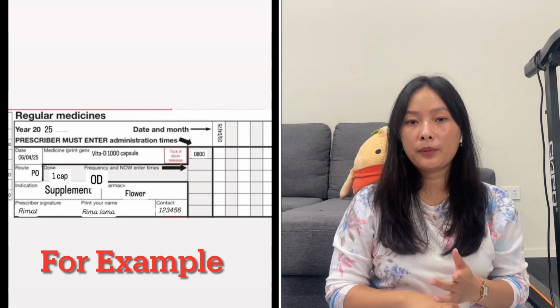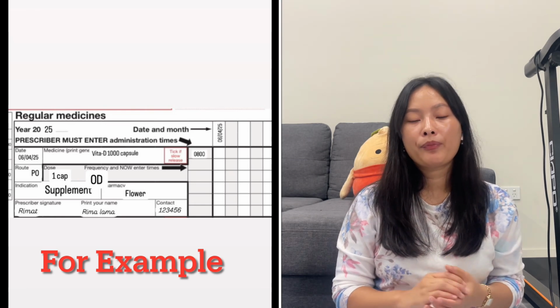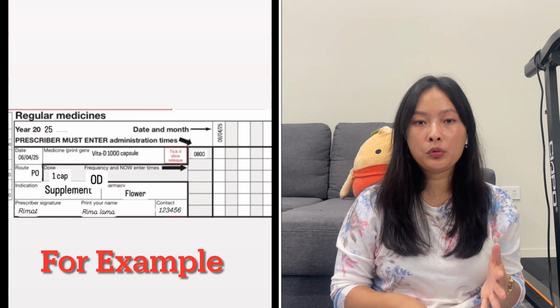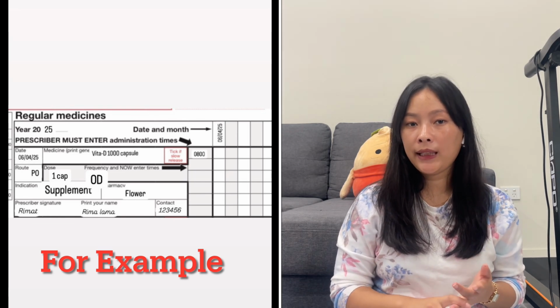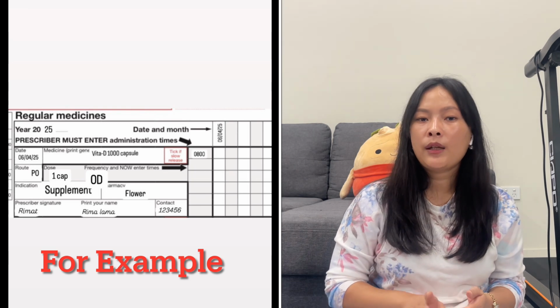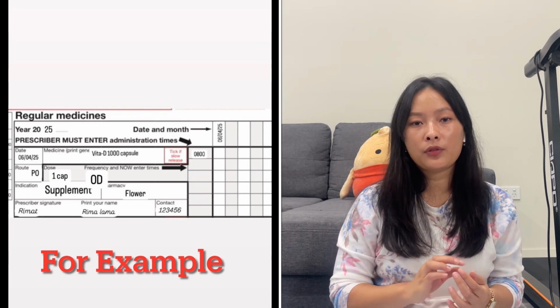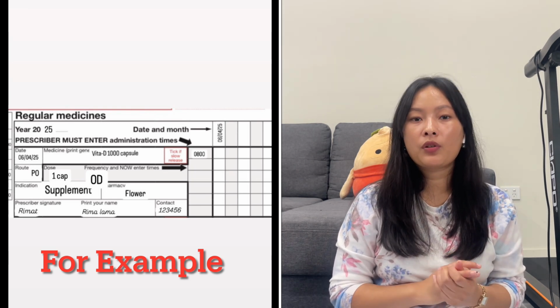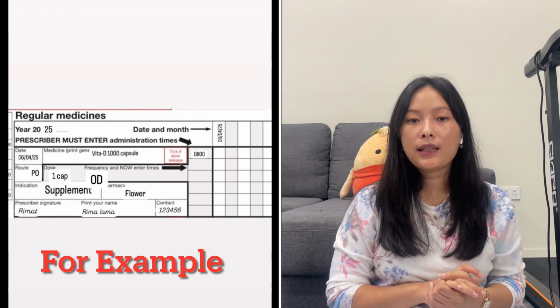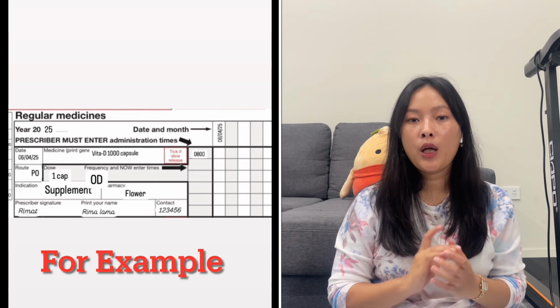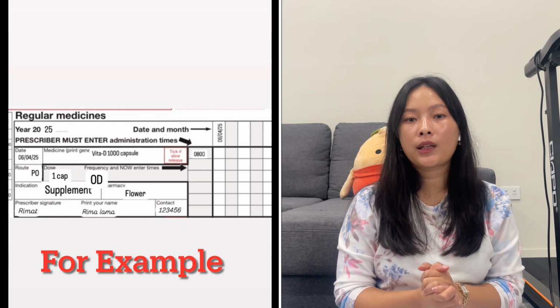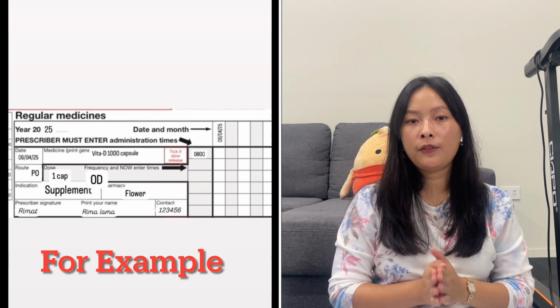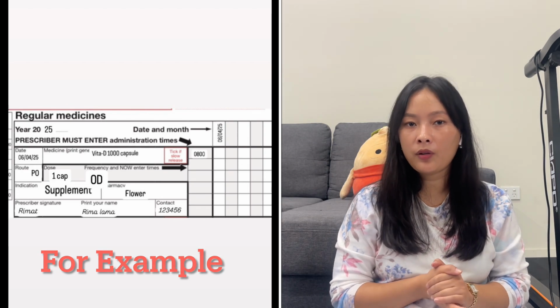For example, the name of the medication should be in generic name. It should have route, dose, frequency, the time and date that you need to give the medication, prescriber name, prescriber signature, and prescriber contact number. These things are very important to make a chart valid. So when you give the regular medication, you need to identify if this information is provided or not.